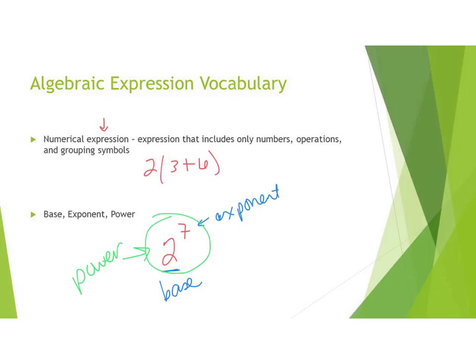And if you recall, an exponent tells you how many times you're going to take the base times itself. So 2 times itself 7 times is what your exponent means.